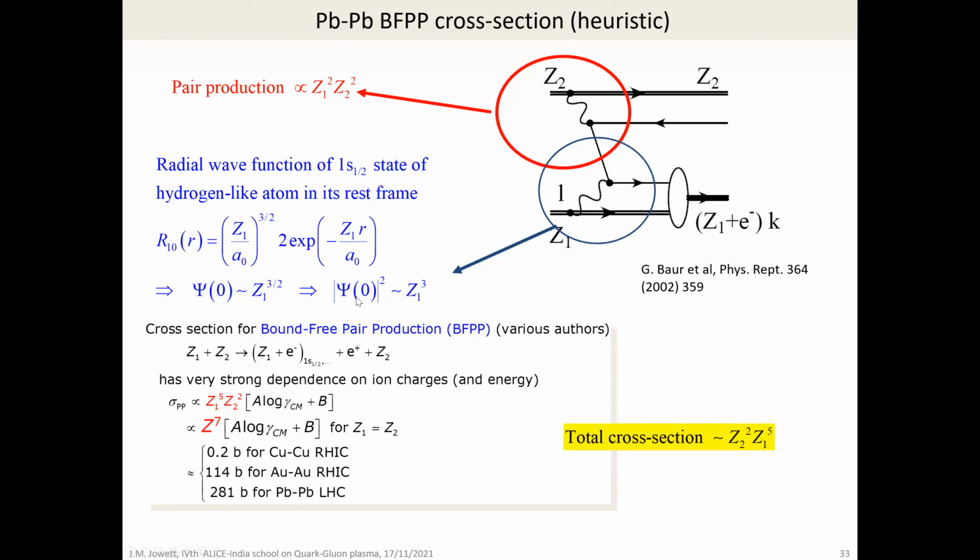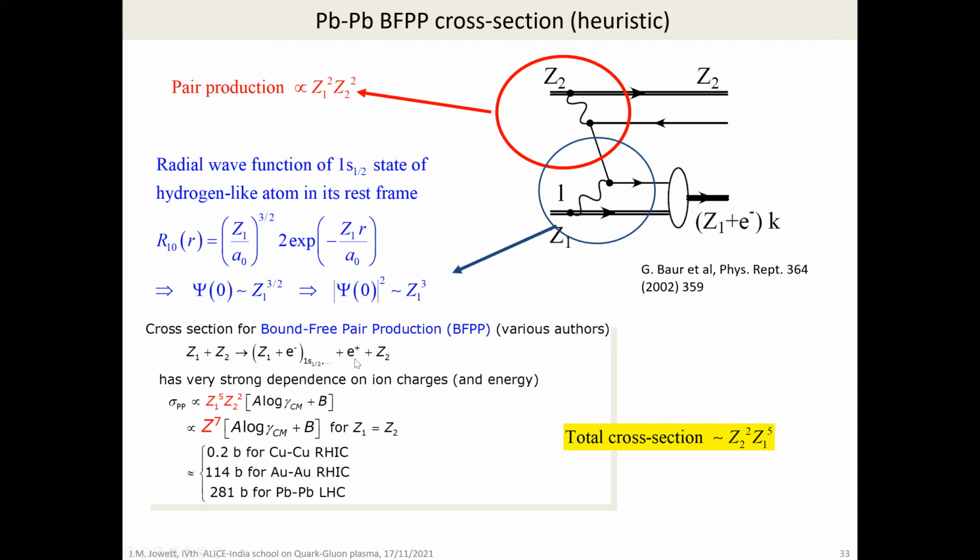To understand why these cross sections are so large, this is just a heuristic argument. If you look at the radial wave function of the 1s 1/2 state of a hydrogen-like atom in its rest frame, you know this from quantum mechanics, the wave function at the origin goes as Z to the 3/2.